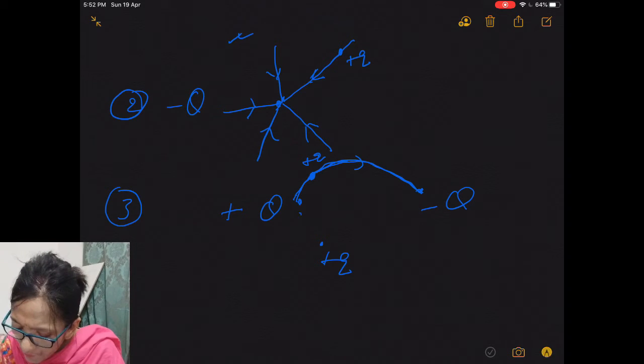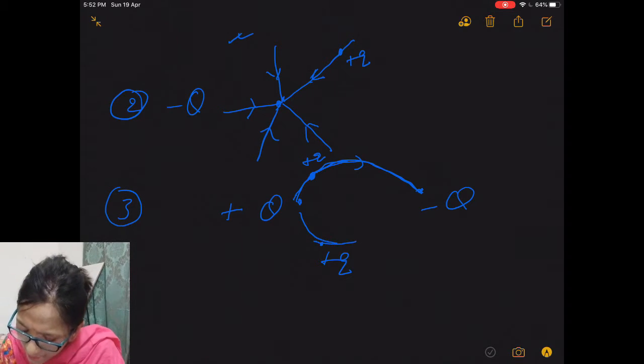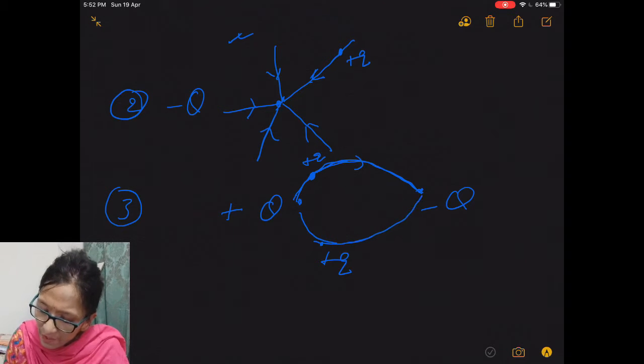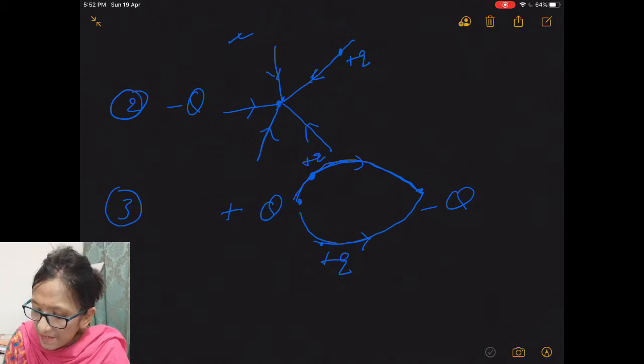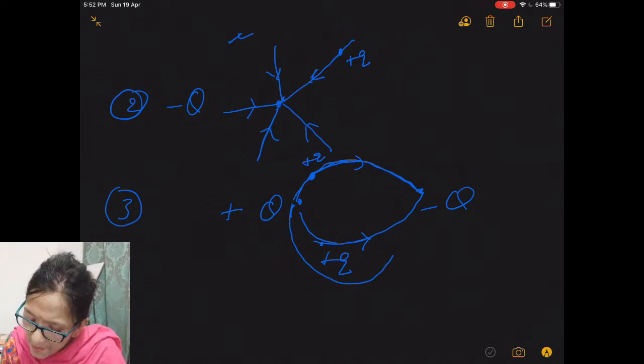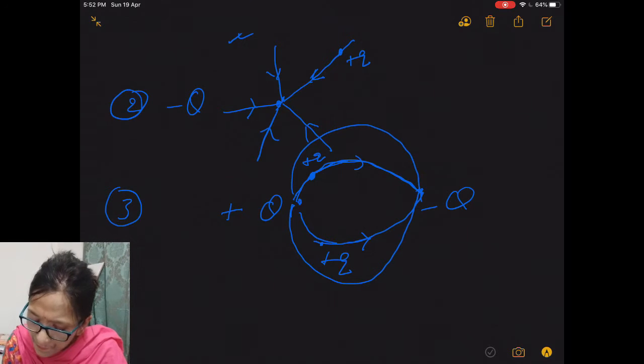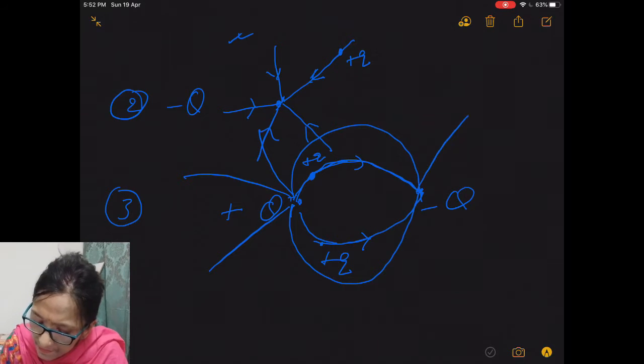Now if you place a positive charge at some other place, it will be accelerating along this way. So the direction of force is the same as the direction of field. Let us draw some more electric field lines.